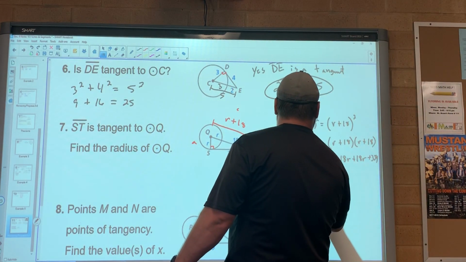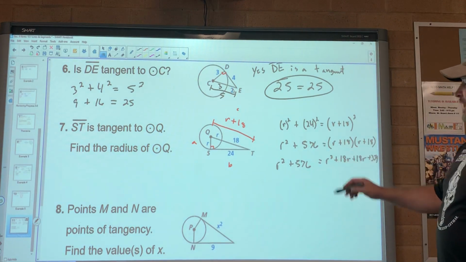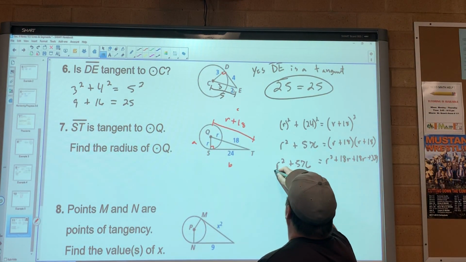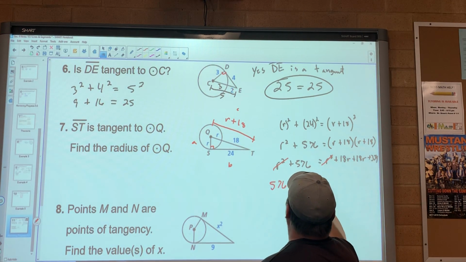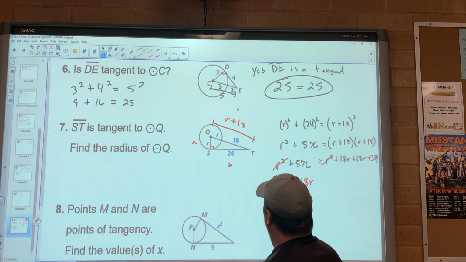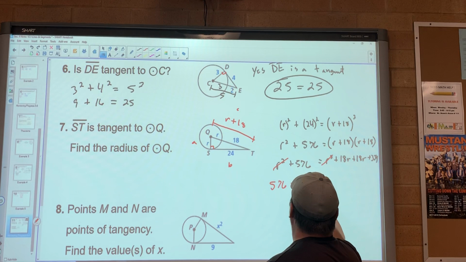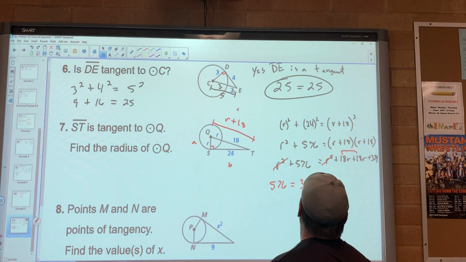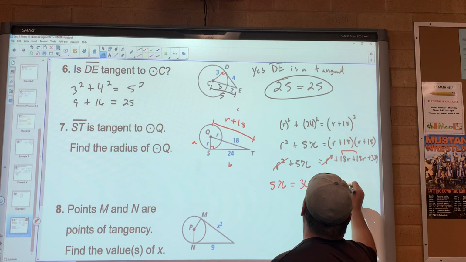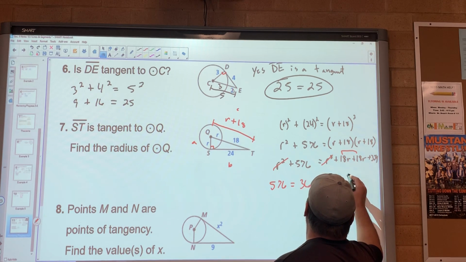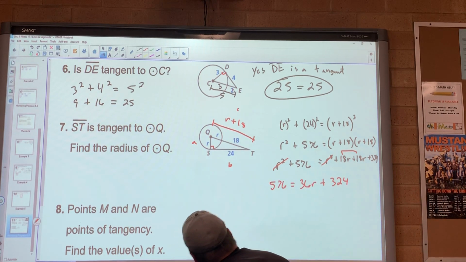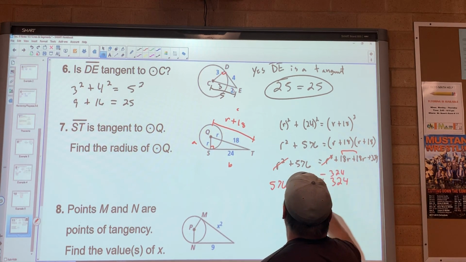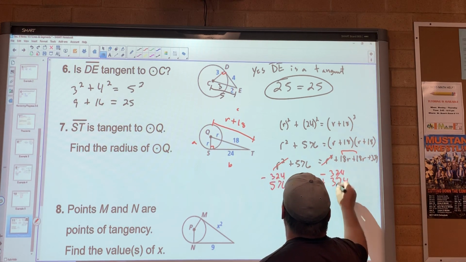R squared plus 576. The R squareds are going to cancel out. We are left with 576 equals 18R plus 18R, which is 36R because we combine those, plus 324, sorry. Then we have opposite operations: minus 324, minus 324, cancel, cancel.